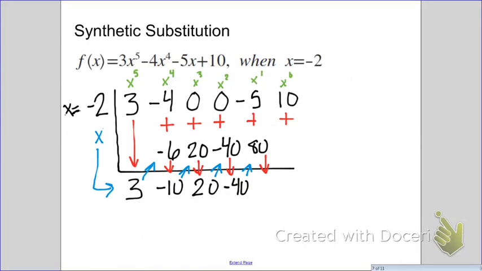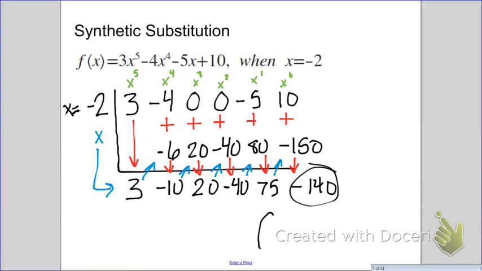Add down, and you get 75. Then again, multiply by -2 up, and you get -150. And then the last thing is to add down, and you get -140. So there you go, that number at the very end is our answer.